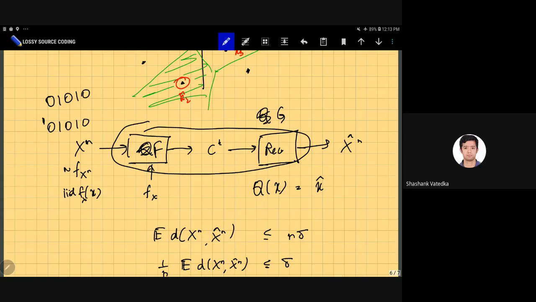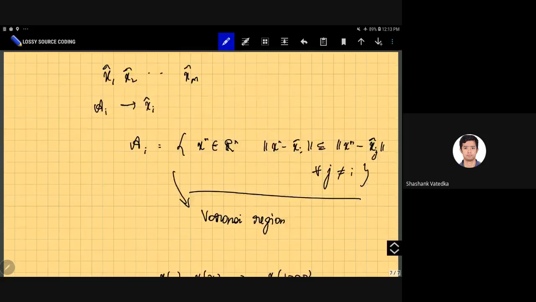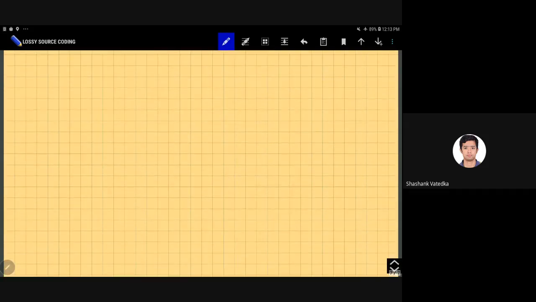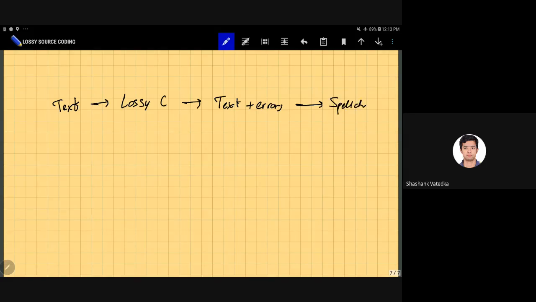True. So what you're proposing is the following: you take text, apply lossy compression, and ultimately get some text with errors, and then run something like a spell check in order to get back the original text.